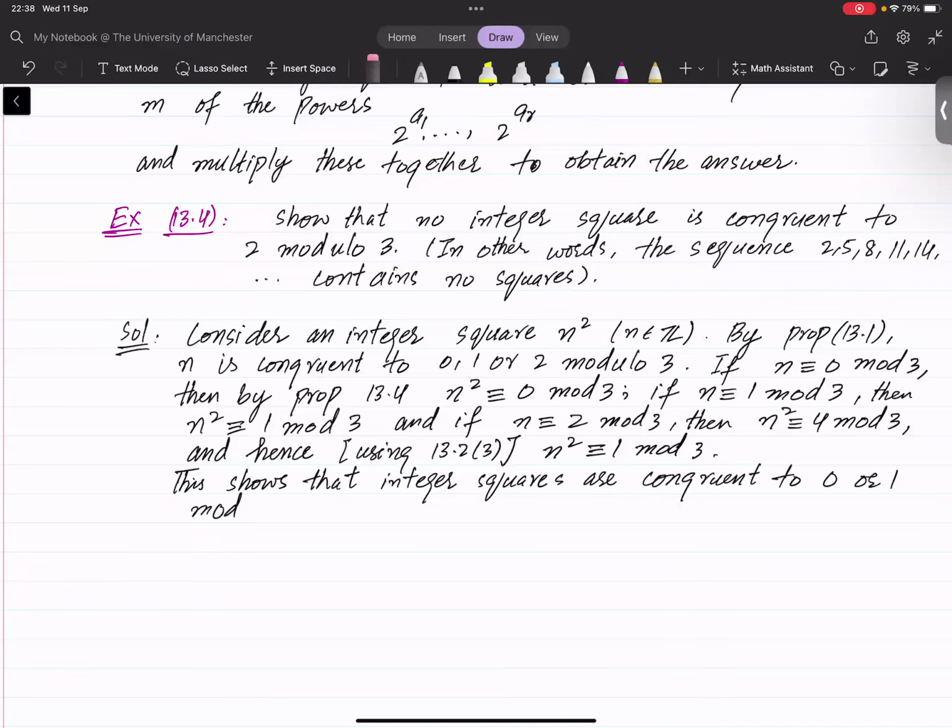Then move further and talk about some other example. Then that would be the example 13.5. It says, show that every odd integer square is congruent to 1 modulo 4.